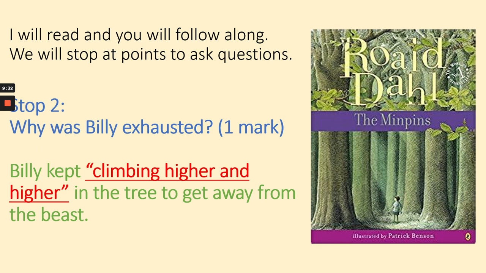Billy was exhausted because he was climbing up in the tree, which was very tiring work. He was also running away from the beast, so he must be so frightened and using up a lot of energy. Give yourself a tick if you had an answer like this, or press pause to fix up your answer. We're going to continue reading now.